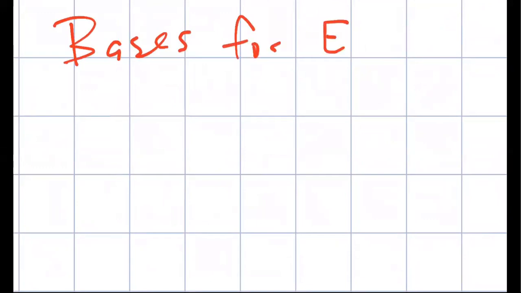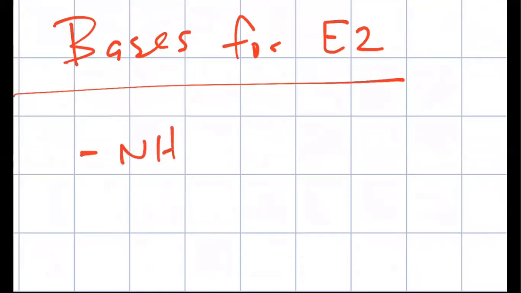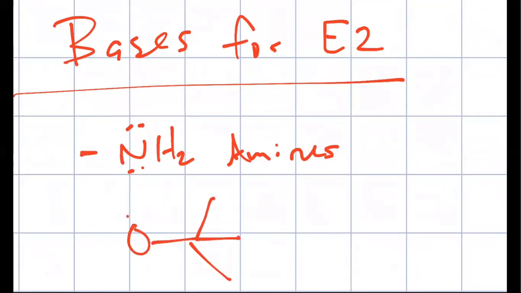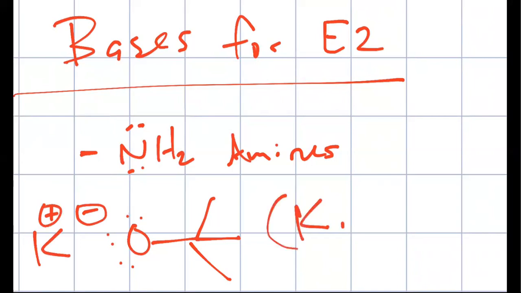All right, so your amines, these are excellent bases. Alkoxide bases like, I'll write this down right here. Normally you'll see this with a potassium, and you'll see it abbreviated as K.